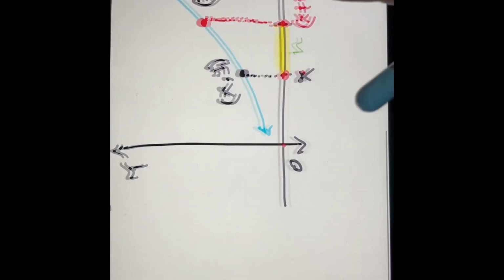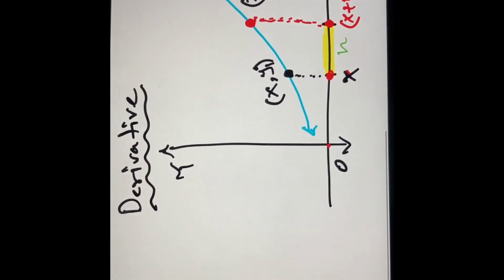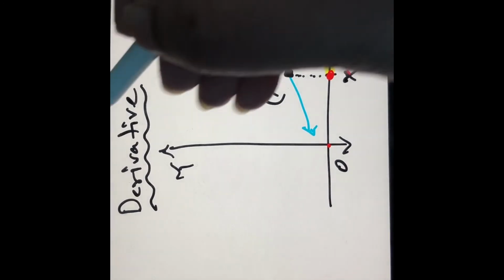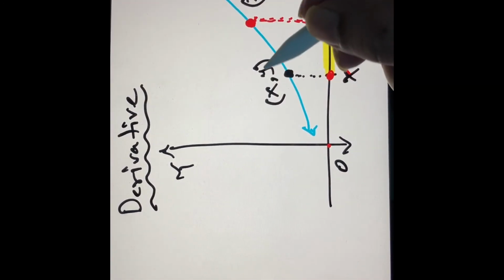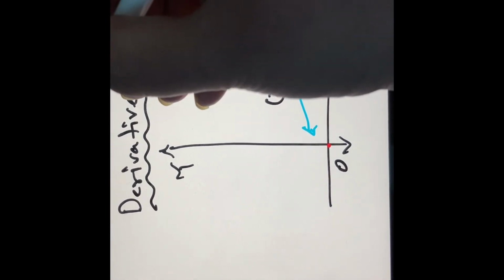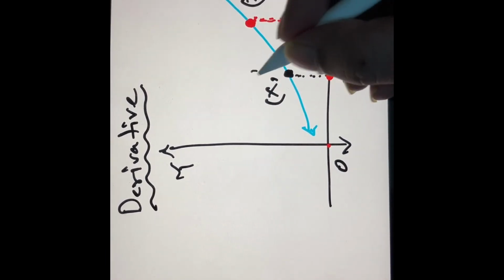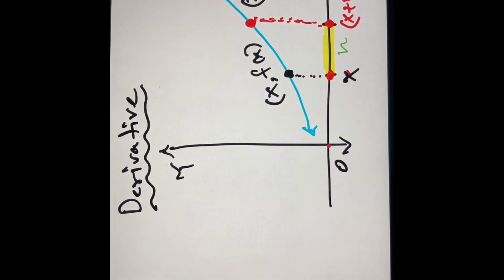So we can apply the same idea. Instead of writing y1, I can write f of x. Instead of writing y2, I can write x plus h comma f of x plus h.